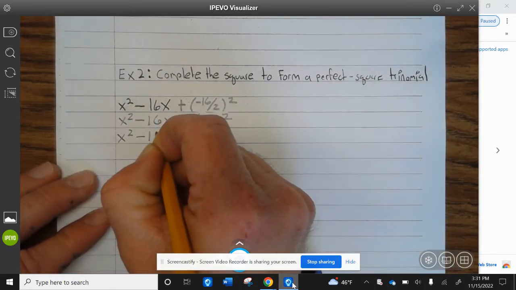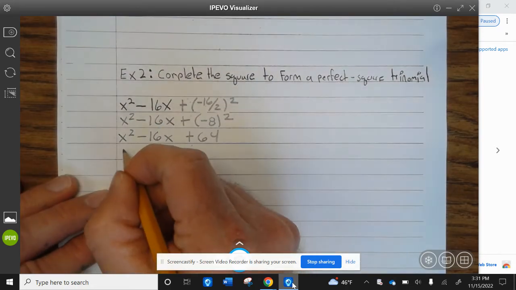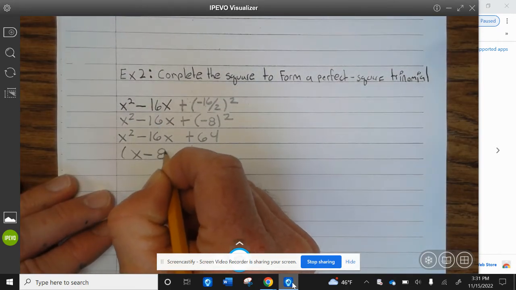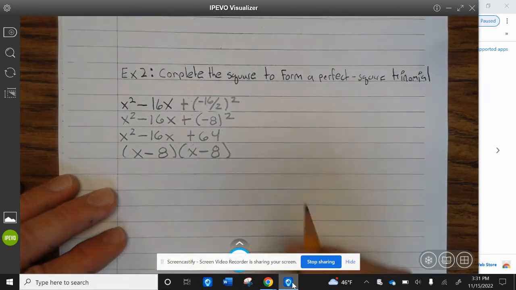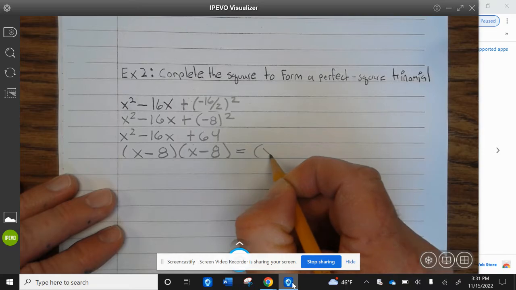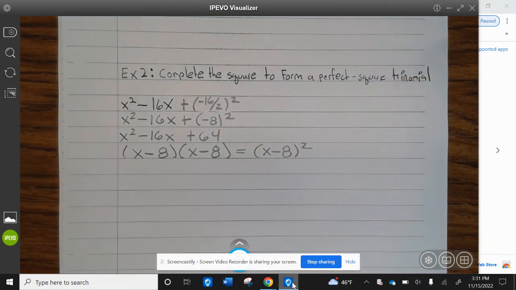So then that's x squared minus 16x plus 64, which can be factored as x minus 8 times x minus 8, which can be written as x minus 8 squared. All right, go ahead and finish up example 2.